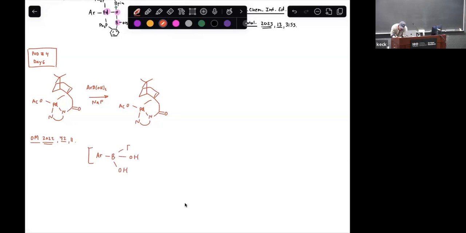Fluoride associates with boron. We don't know, but this is a reasonable hypothesis. Now we're overall anionic, form the ate complex. And then that's going to set us up to do what?